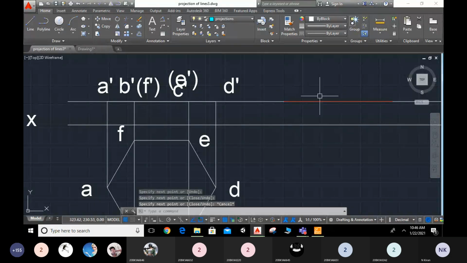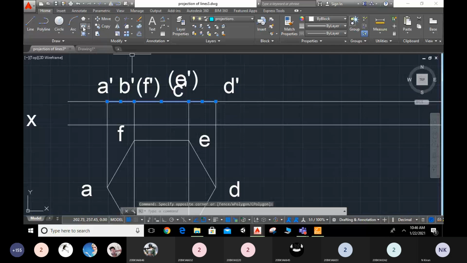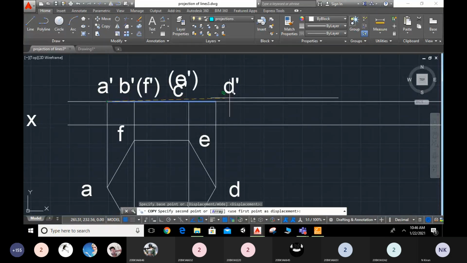Now I will delete this line also. Now I will change this color. See, every line is individual. Can you note it? Now I will select with the selection window. See, I will select this only. If I move this cursor, only the lines which are completely enclosed are selected. I will select this one. Now I will use the copy command with the base point, this one, somewhere here.